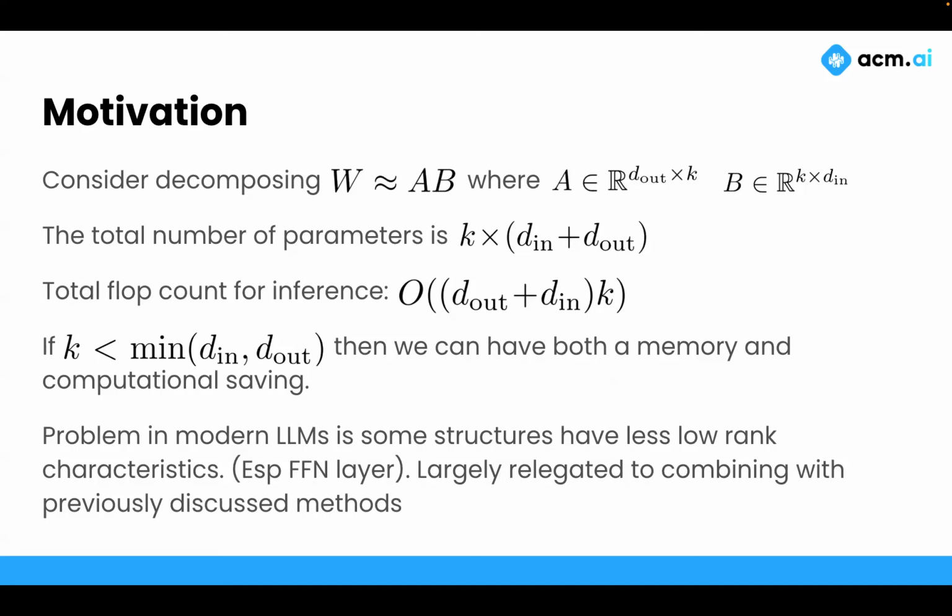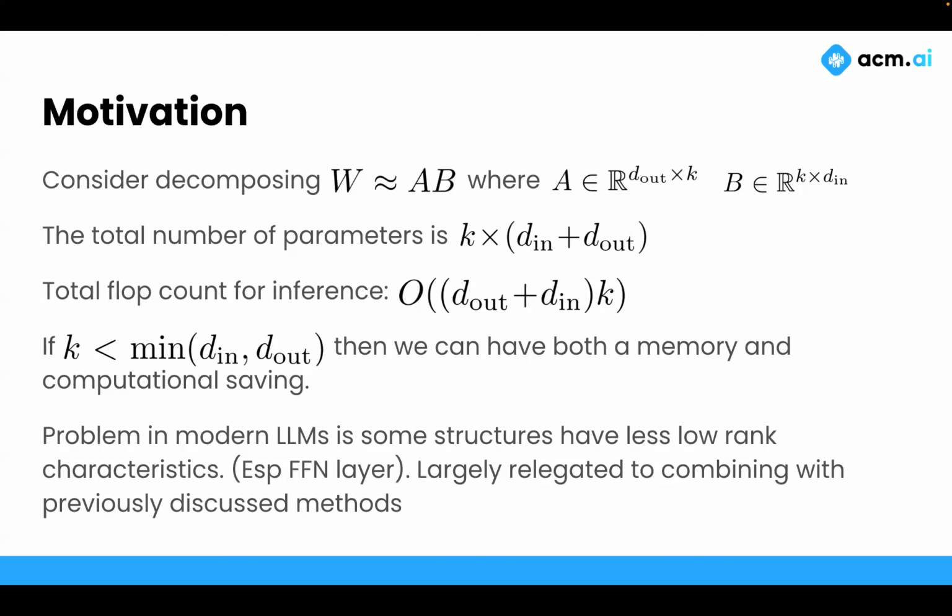The problem with this kind of optimization is that we have to assume that the matrices themselves have an innate low rank property, which is really only the case for certain matrices, and especially is not apparent in the feed-forward network of a transformer.